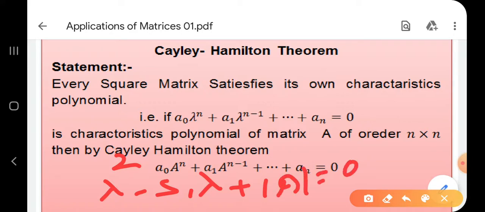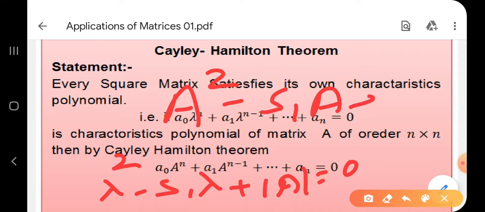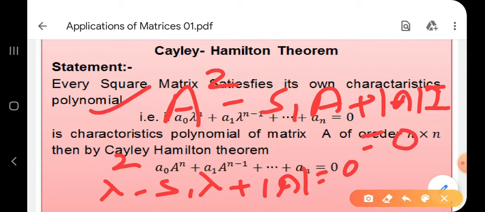Now in place of lambda, just write down A, you will get A square minus s1 A plus determinant of A into I is equal to 0. So this equation is called our Cayley Hamilton theorem, and it is satisfied by every square matrix. Understood? For 3 by 3 we have written, now 2 by 2 we have written. We have to concentrate only on 3 by 3 and 2 by 2.